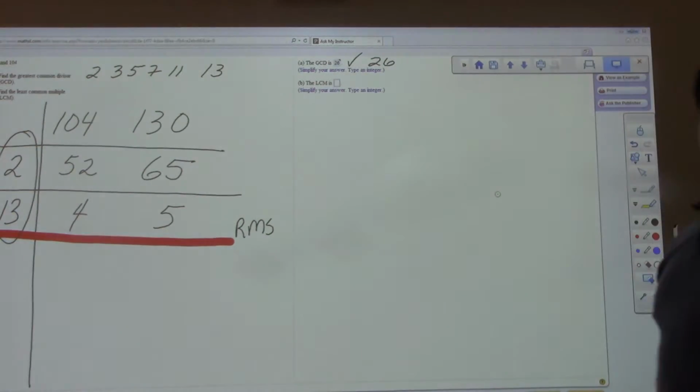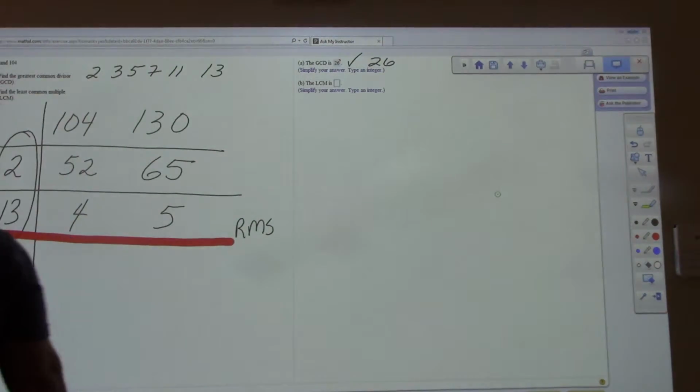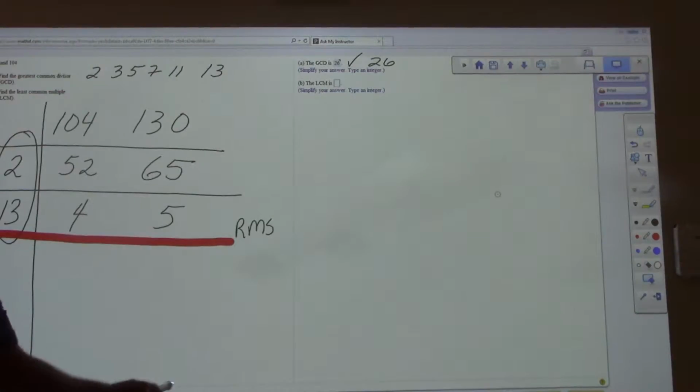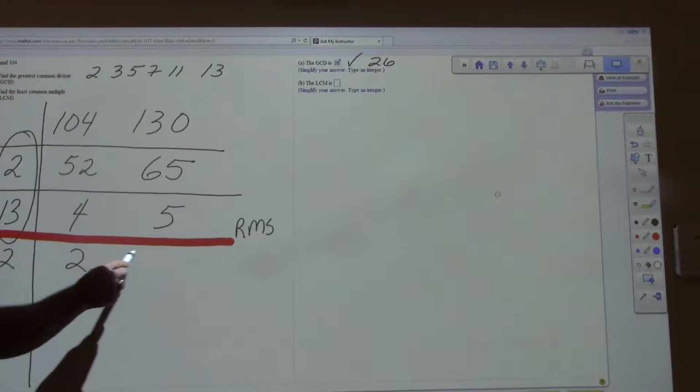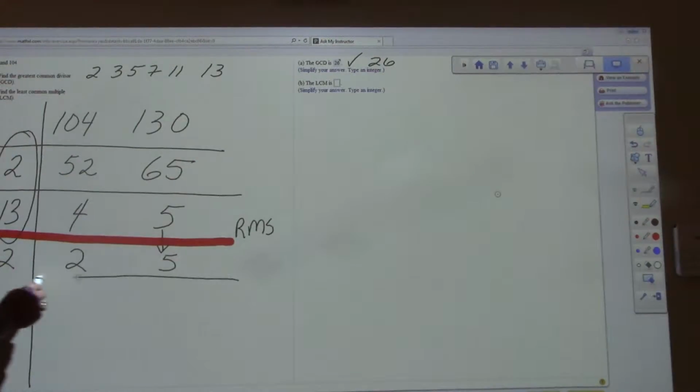Multiply those two together. I think we did this problem the other day, which is fine. We'll do it over. And then we keep going because we want 1s on the bottom for our least common multiple. So I'm going to divide by 2, and that'll give me a 2. And the 5 comes down because we cannot do it.